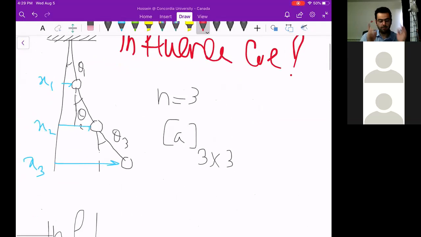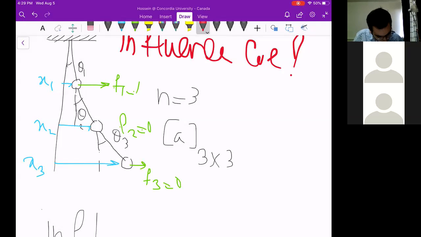For the first column, we apply a unit force at the first mass, and we will determine the displacement of the first mass, second mass, and the third mass. So I like to focus on horizontal displacement, okay? And then I will apply a unit force here. No external force at 2, no external force at 3.